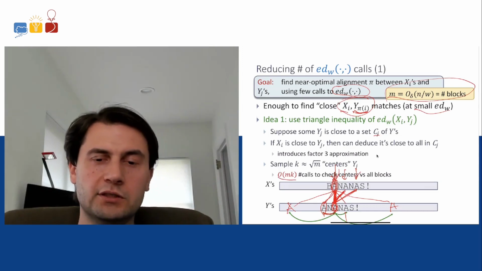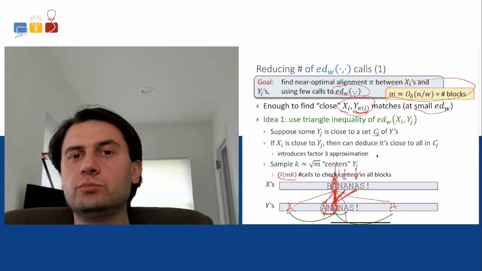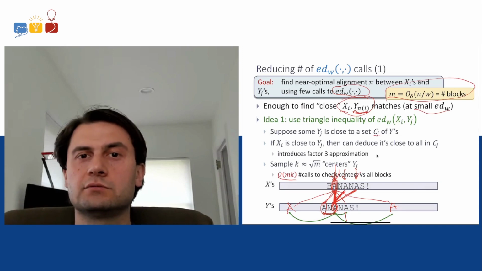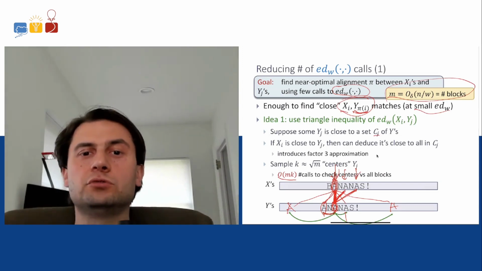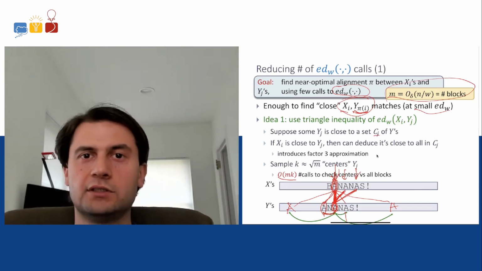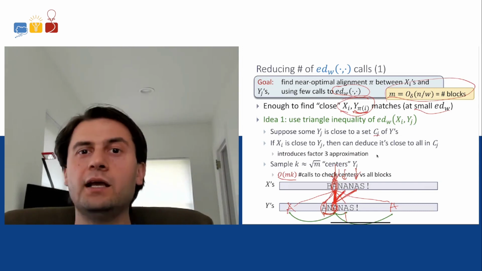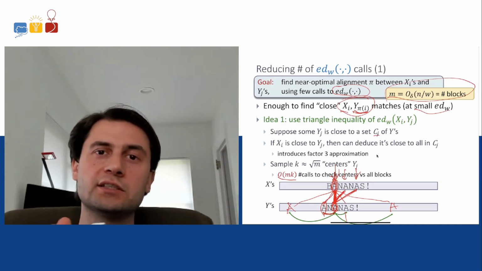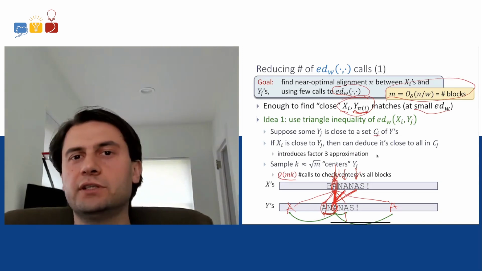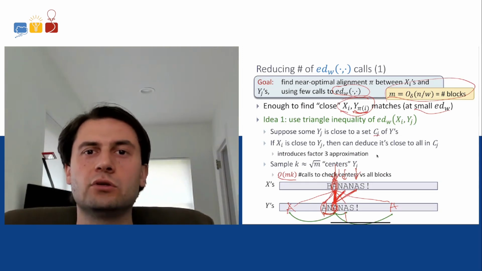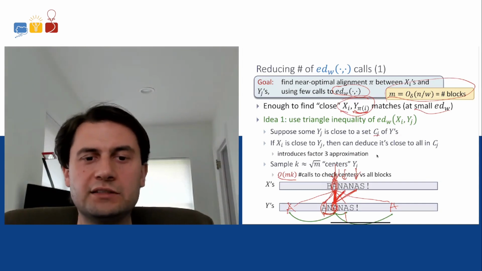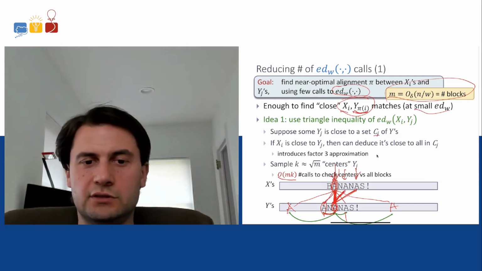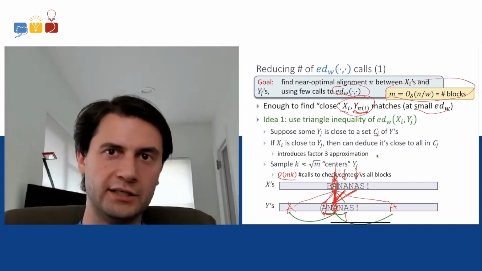For each center y, we need to do the oracle call to every other block in y. And for every x block, we need to compute the distance to all these centers. So there are basically 2mk calls, so order of mk.